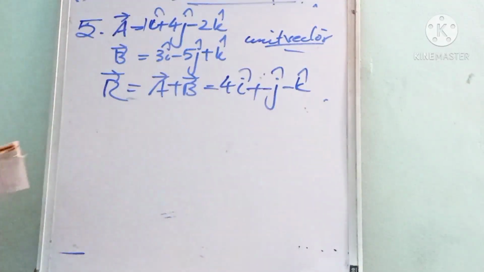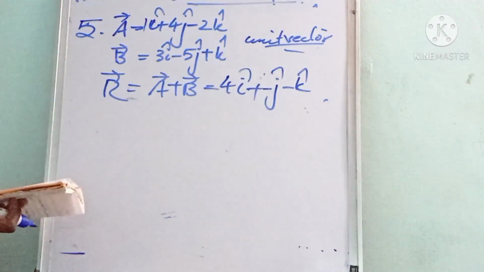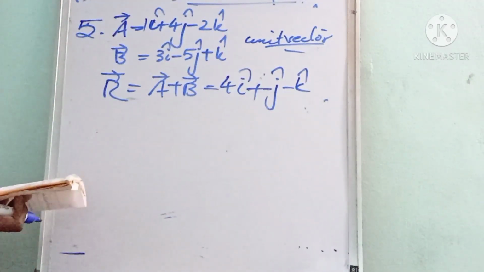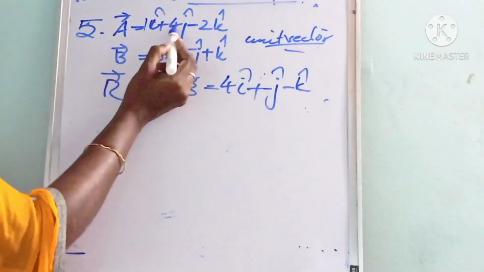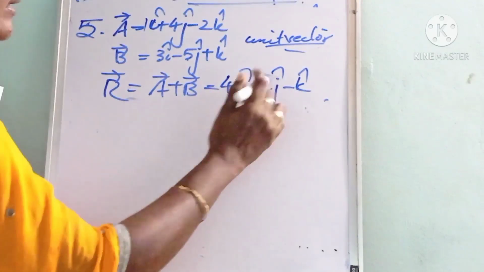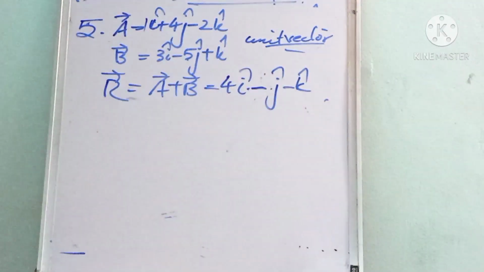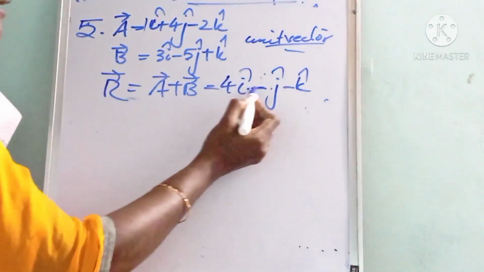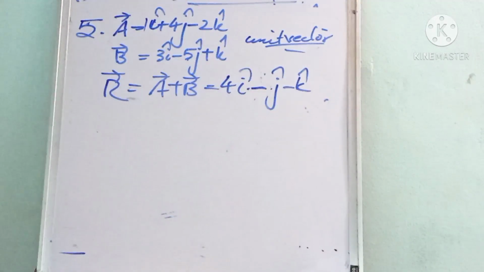So the resultant vector is 4i minus j minus k. That is the resultant vector.